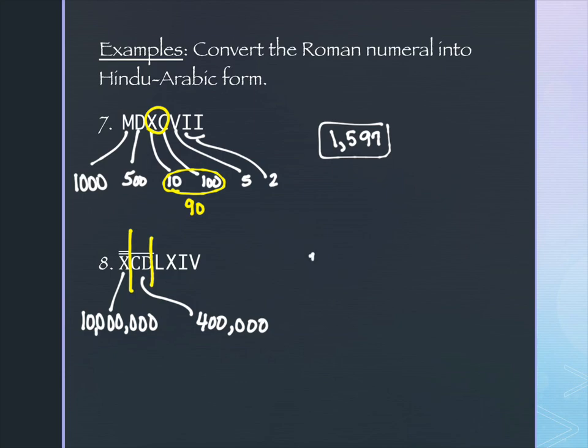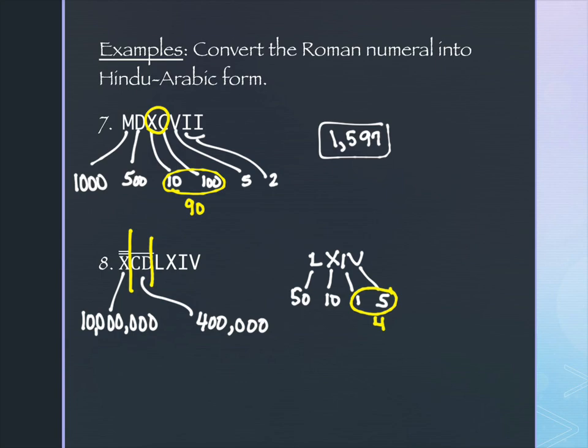I'm kind of out of space, so I'm going to shift the other part over here just so I have more space to write it out. LXIV. How much is the L worth? 50. X, 10. I, 1. And then V, 5. Do you see subtraction here? Yeah, at the end here, this is the number 4.